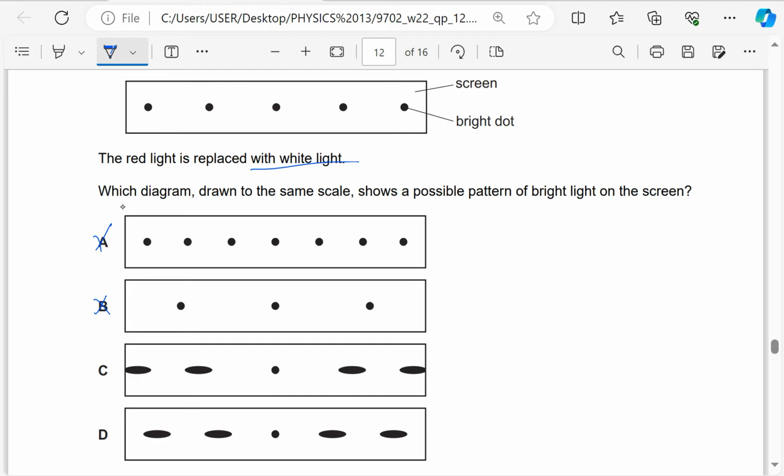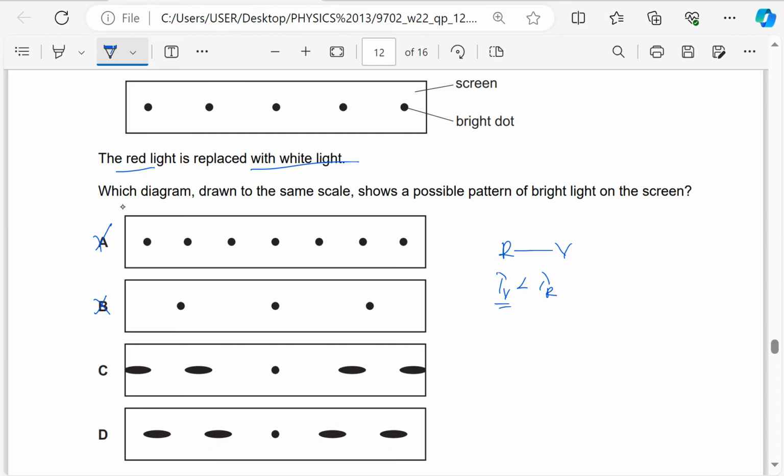But remember, white light has wavelengths ranging from red to violet. And the wavelength of violet is less than the wavelength of red. That means the pattern is going to start very close to the center, because violet is going to be closer to the center. It is going to undergo less diffraction because it has a smaller wavelength.